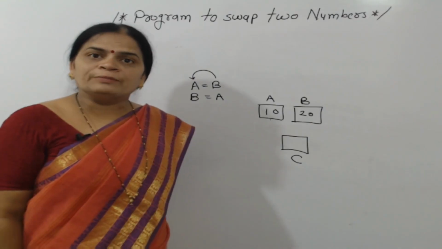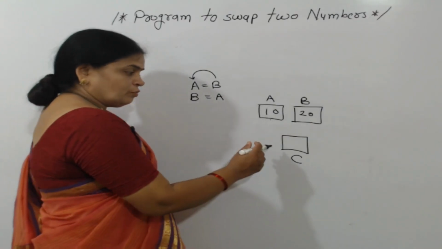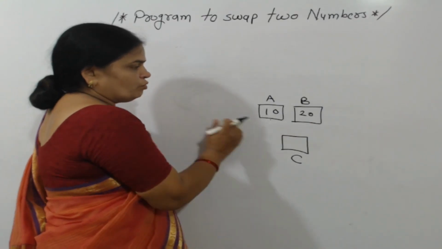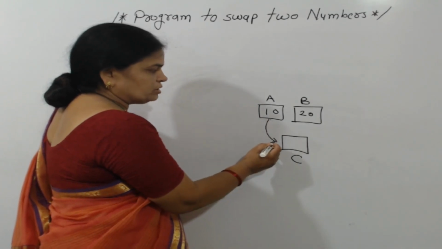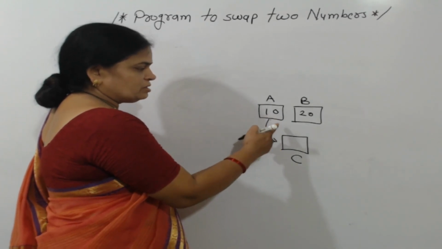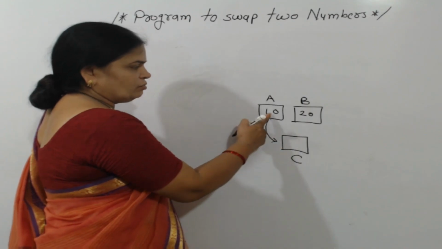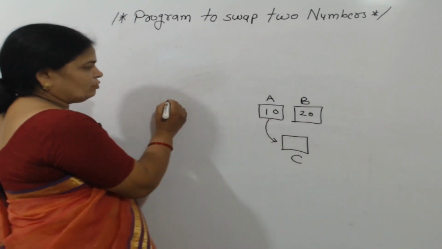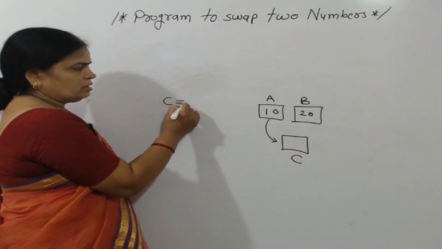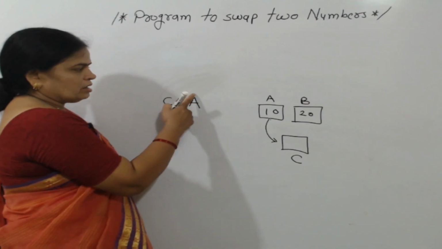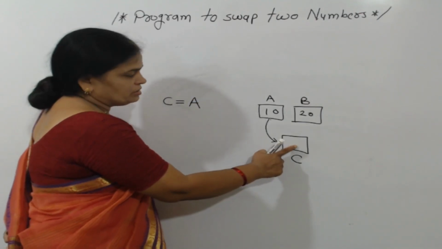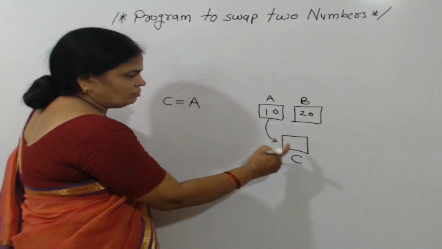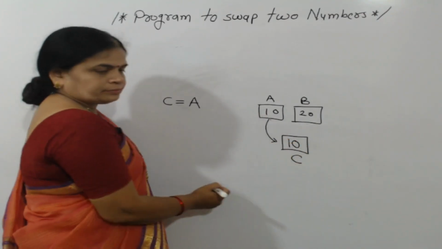Suppose it is C. Firstly we will temporarily store the value of A in C. So C will contain the value of A, and we will write C equals A. इसका मतलब A की वैल्यू आपकी C वेरिएबल में चली जाएगी, that means this 10 will be stored in C.